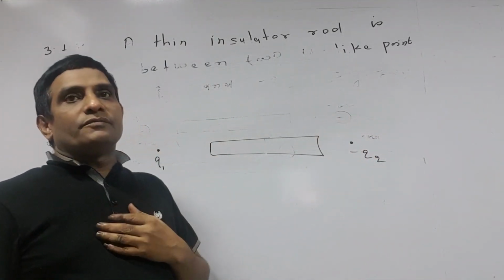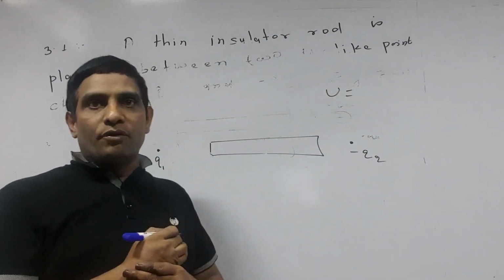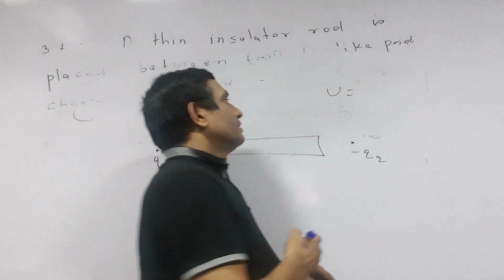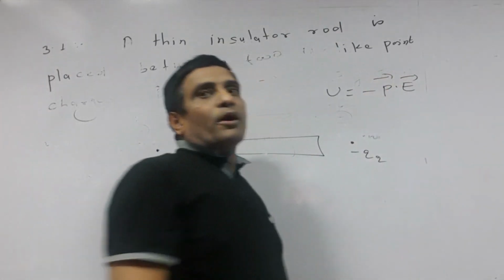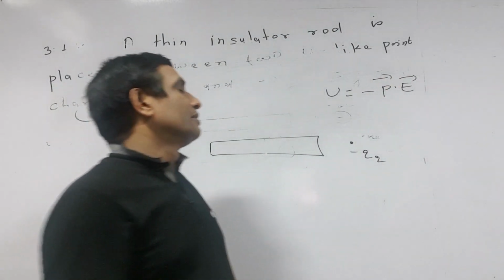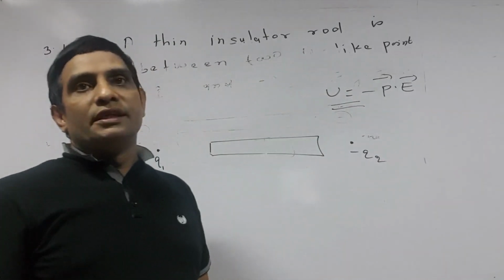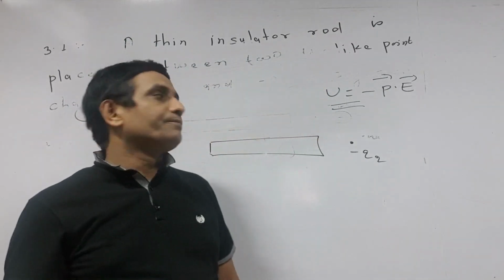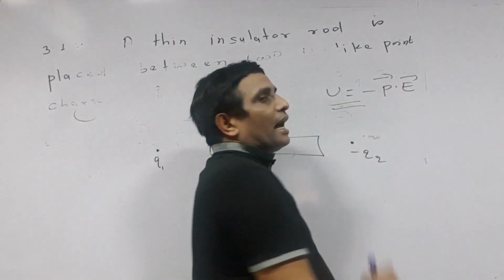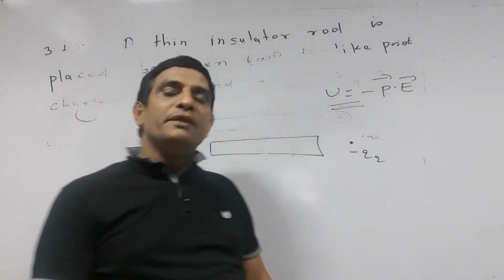As we know, the potential energy of a dipole in a field is U equals minus P dot E. For getting stability, potential energy should be minimum. This is possible only when P and E are parallel. When P and E are parallel, potential energy will be minimum.